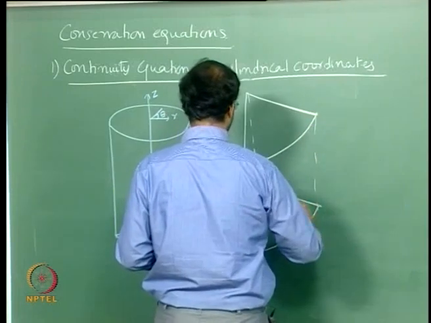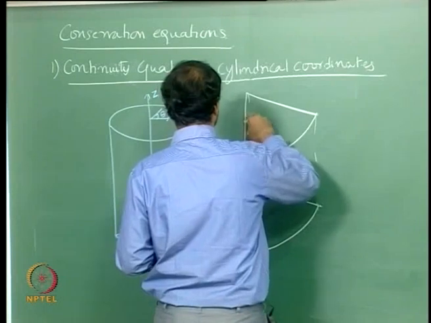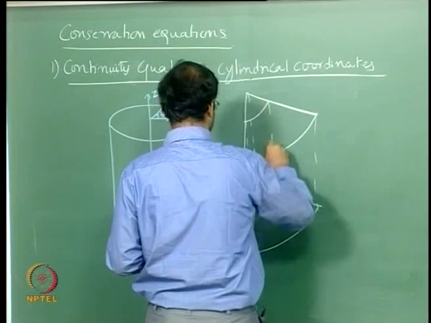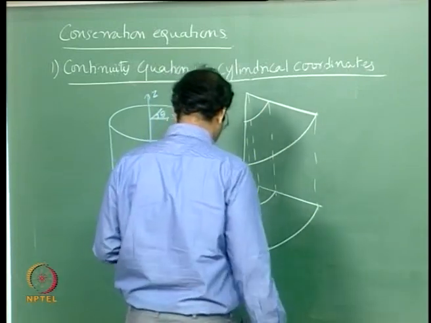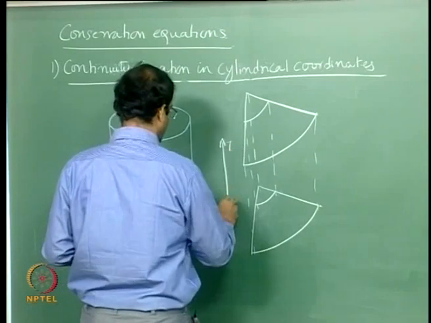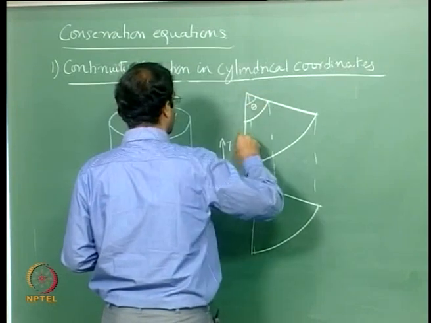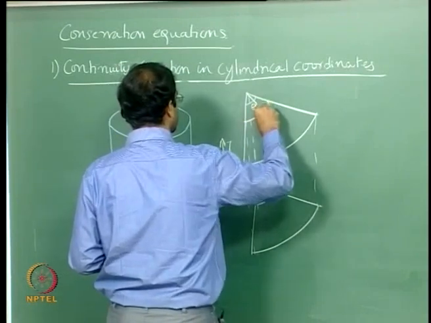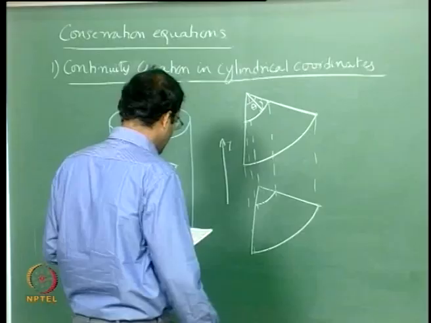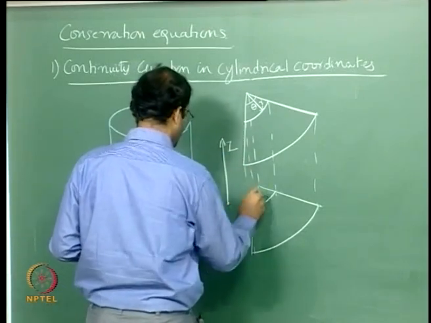So this is this particular control volume, and I am going to take a sector of this, join this sector right here. So now you have the three directions. This is your z direction, and this is your theta direction right here, and this is your radial direction. Okay. So therefore we will start from the bottom. The coordinate system can be assumed to start from the bottom right here.